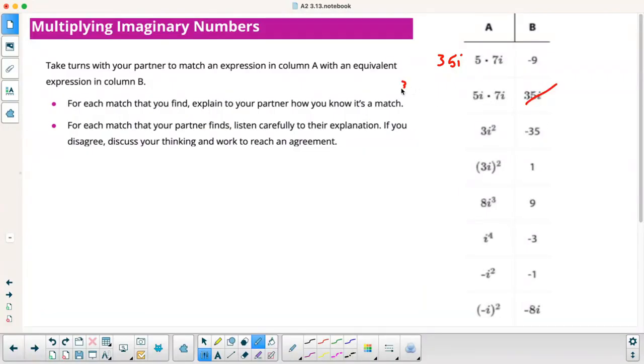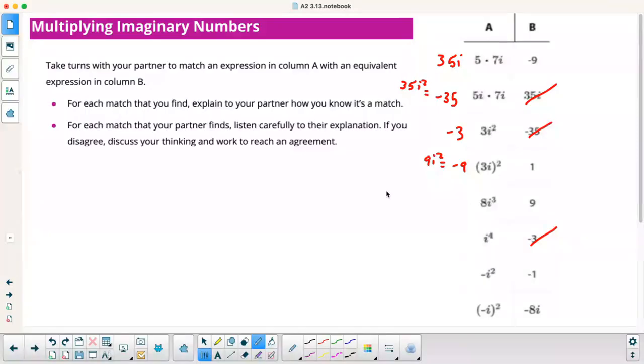This is going to be 35i squared, which is 35 times -1. So that's just -35. Okay. This is going to be 3 times -1. So that's -3. This one here is going to be 9i squared. So it's 9 times -1, which is -9.